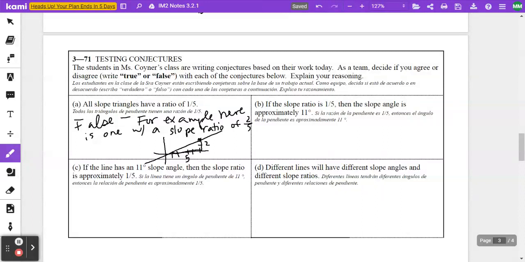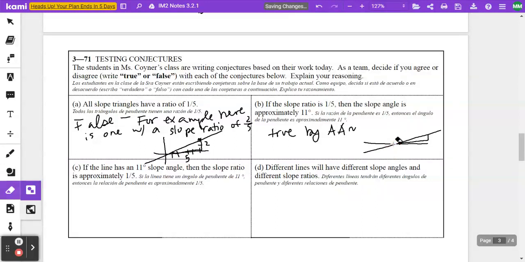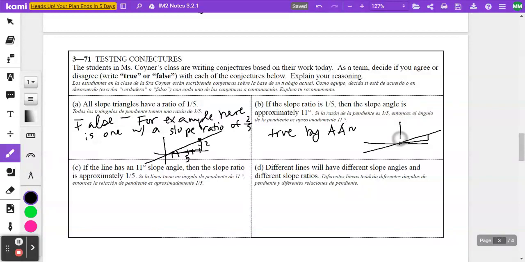Part B. If the slope ratio is 1/5 and the slope angle is approximately 11 degrees, this is true by angle similarity. All of the slope triangles on my 11-degree line have rise over run as 1/5 or 2/10 or 3/15, etc. In any case, if I have a 90-degree angle and an 11-degree angle, the slope ratio will reduce to 1/5.